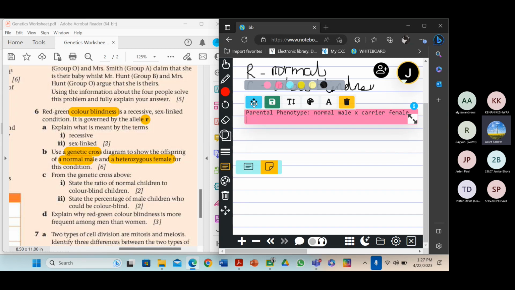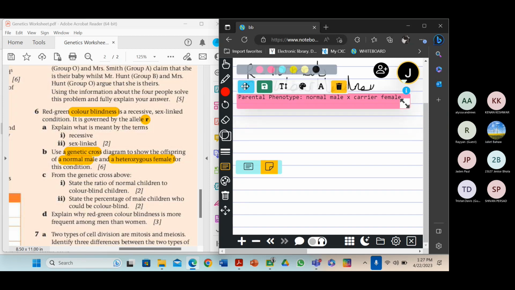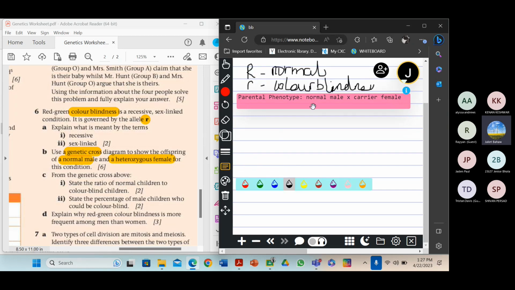Right, so we already established this part. Now we have to get the genotype. So first you put your sex chromosomes: male is XY, female is XX.